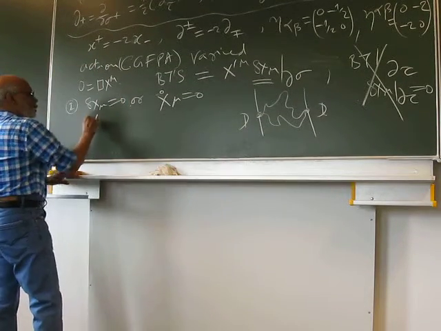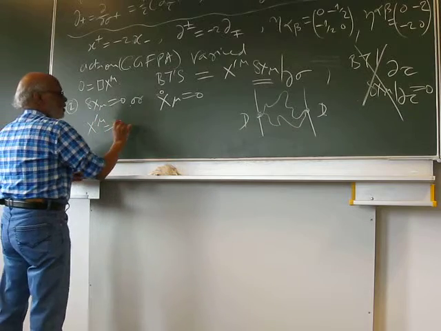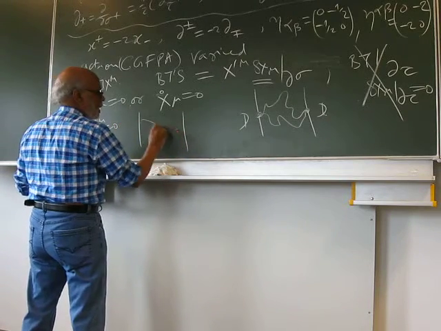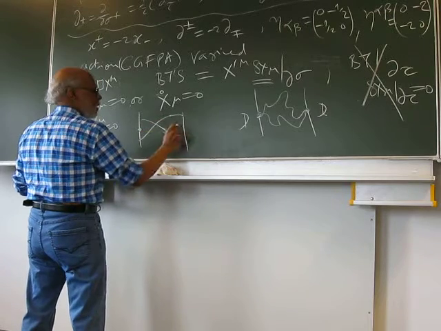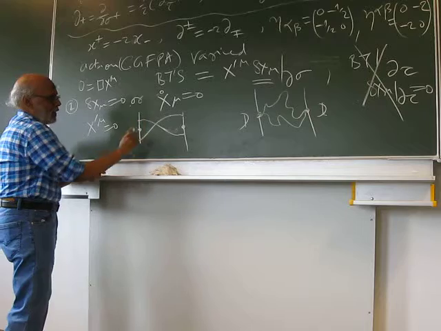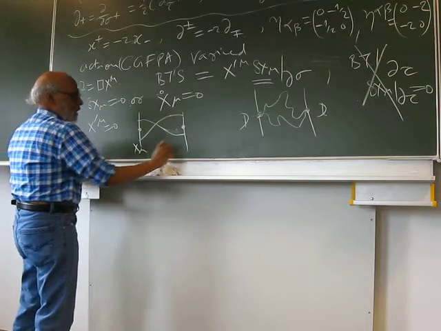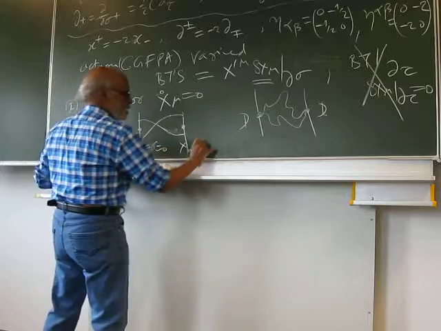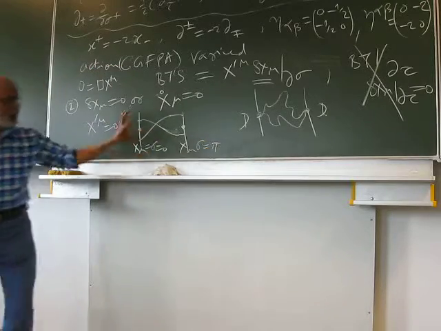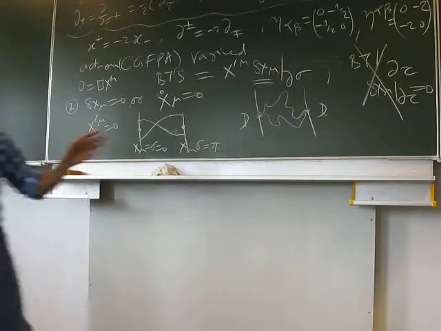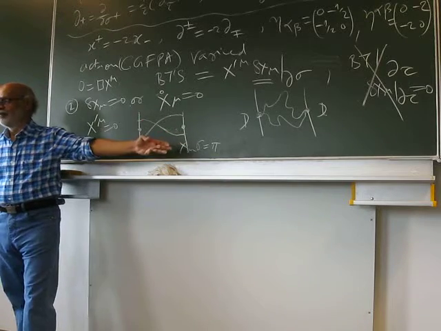In the other case, X prime equal to 0: the end points of X mu at sigma equal to 0 and sigma equal to pi, the ends of the string can fluctuate, okay. They need not remain at the same point.